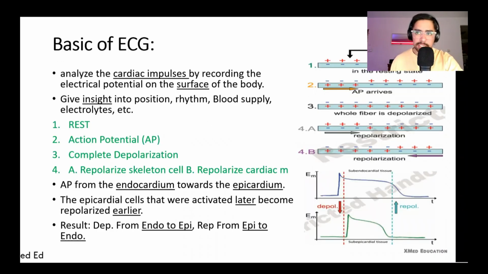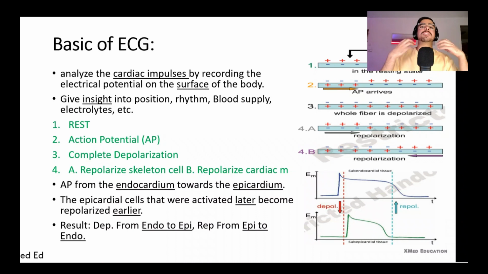First, basics of ECG. I know probably you're not gonna have this part, but it's like nothing. I'm gonna explain it. So first, ECG is analyzing the cardiac impulses by recording the electric potential on the surface of the body.